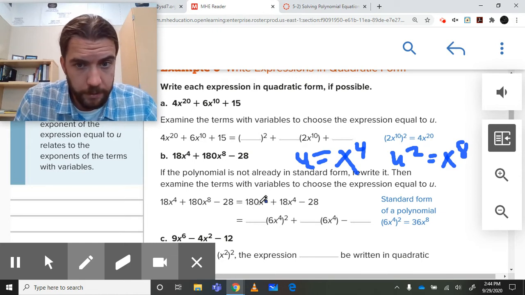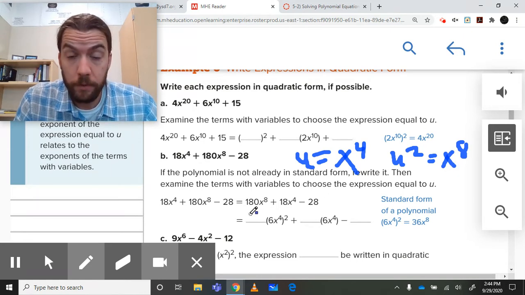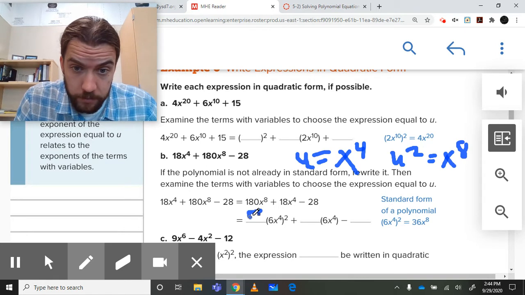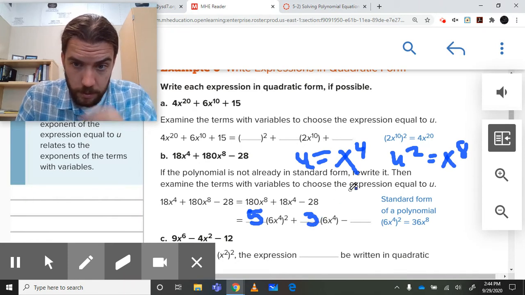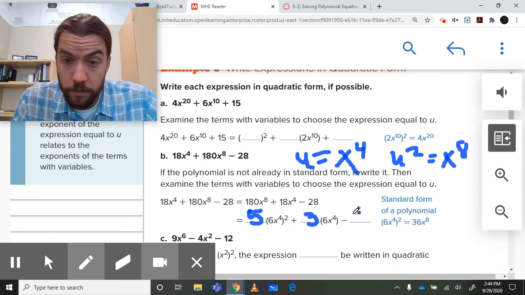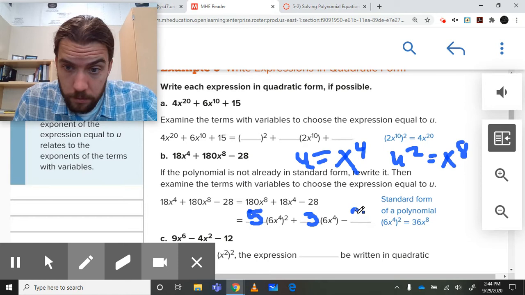So we're going to rewrite it as x to the 8th, x to the 4th, and then minus 28, just so that we're in descending order of powers. And we're going to say that this is equivalent to 5 times 6u squared, we have 3 times 6u, and at the end we still just have our minus 28.